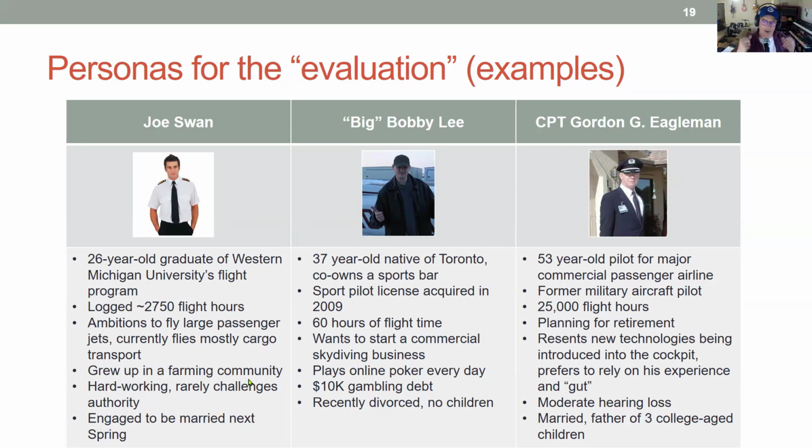I started with just a random fact: he grew up in a farming community. He's engaged to be married next spring. I'm picking character features with some degree of randomness. I'm making a story, but then I let that character act out the story. Like I just said, he wants to see the weather displayed a certain way. And you have to step back a little bit and ask, wait a minute, am I too lost in a fantasy? But part of doing this is you have several different personas, characters, and you can see how they would all hypothetically interact.